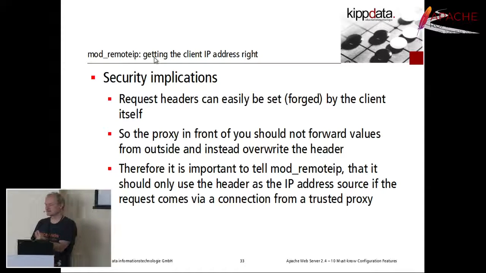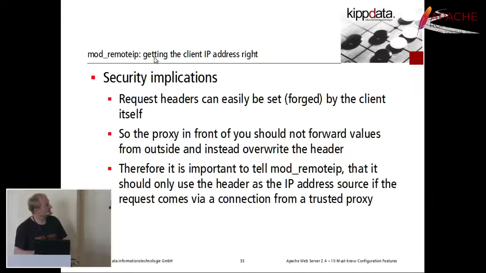So what's important is that you only use this machinery if you know that the proxy in front of you overrides the header, controls the header, does not just pass through the garbage it gets. That means for us to be on the safe side, we should only evaluate the header if the request actually comes from the proxy. So that's what we need to configure.